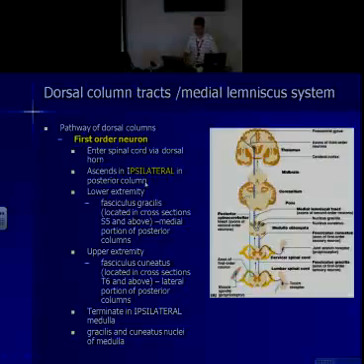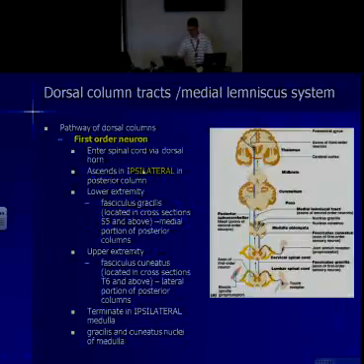So dorsal column, I've got GTO, I've got all my mechanoreceptors from my extremities, and I need to get this stuff upstairs to cerebellum and also upstairs to motor cortex 312 to figure out what's going on. That input comes in and it lands in that dorsal horn as we talked about, and then it sneaks over.